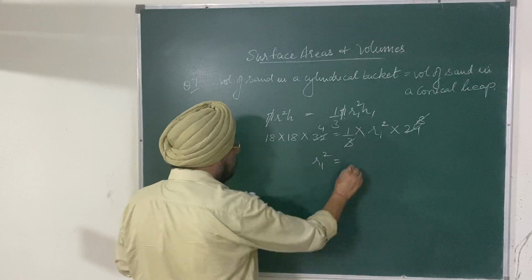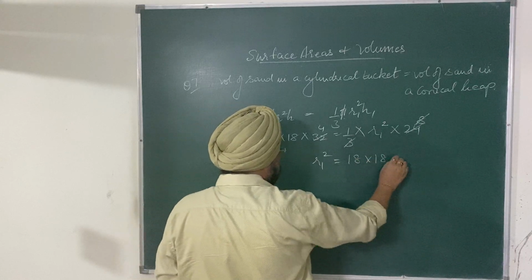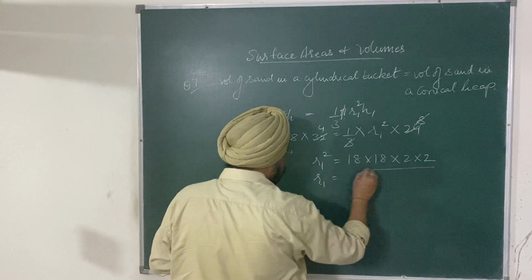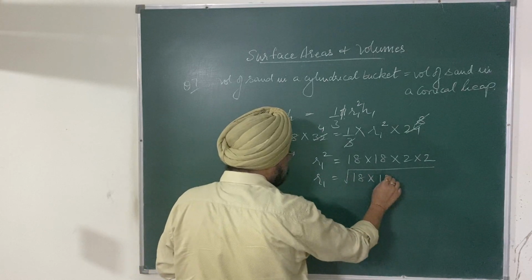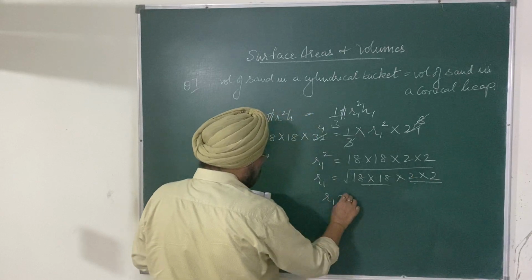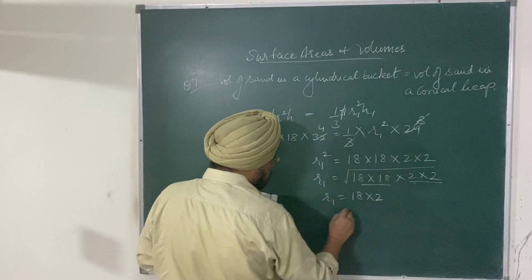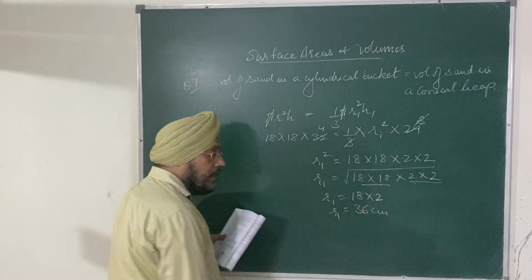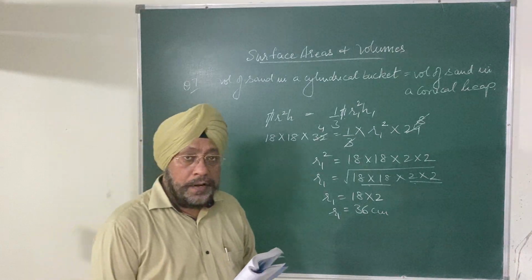This is equal to 18 multiplied by 8. Just make the factors of 4. So r1 must be equal to the root of this. So we can take the pair, take one value out of the root. So we get r1 must be equal to 36 centimeter, and that is the answer to part number 1.